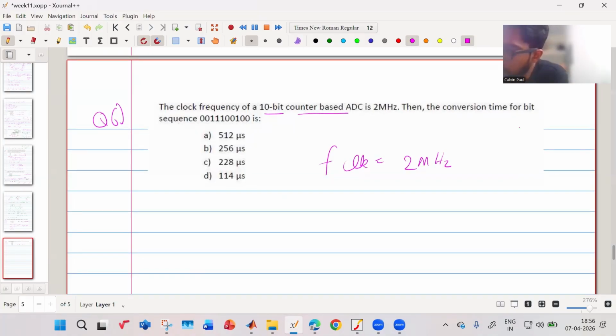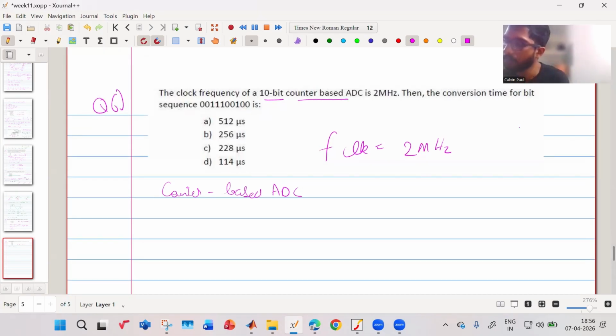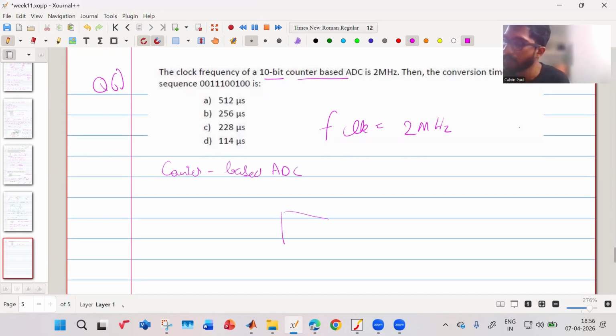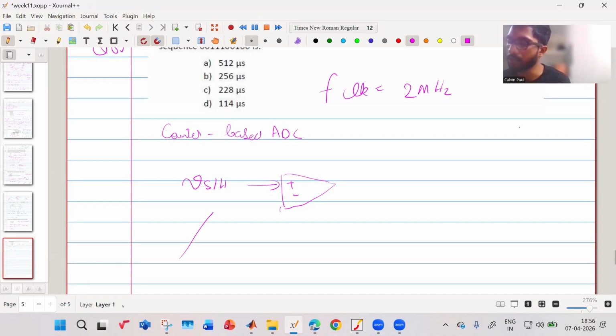You have a counter-based ADC. Here also you will have some plus minus. This is the sample and hold signal value, and here you have a counter which is going up, up, up.